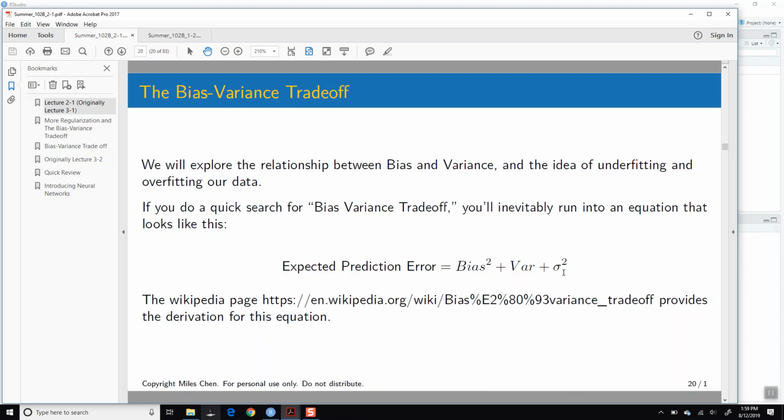So this is just error that naturally exists, okay? And the derivation's there. You don't have to worry about the derivation, okay? But this is the relationship.